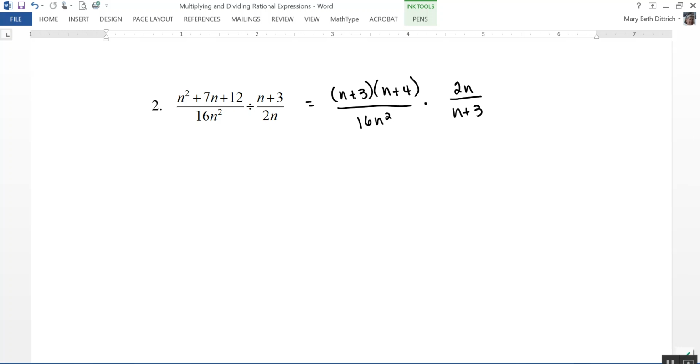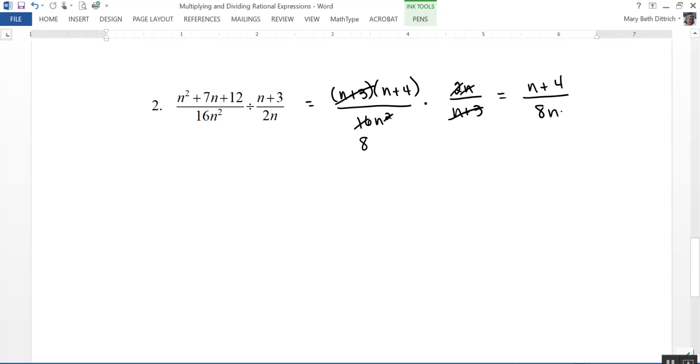So now I can cancel out some common factors, n plus 3, and then 2 goes into 16 8 times, and then the n is going to cancel with one of these, so I'm left with n plus 4 over 8n.